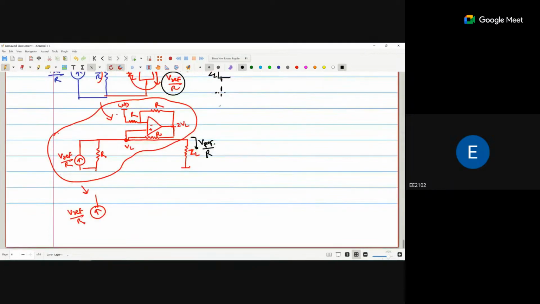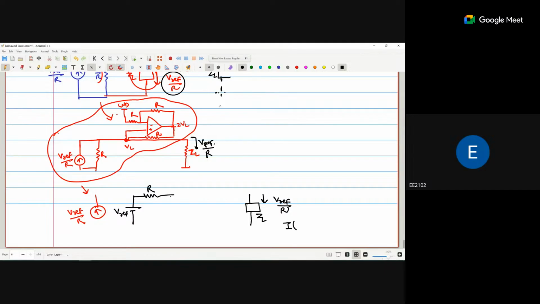Okay, now we replace again Vref by R as a voltage source with the resistance in series. So this is the Vref, this is the R, and we use this complete circuit, and in the output we connect ZL. So the current in ZL load resistance is nothing but Vref by R.